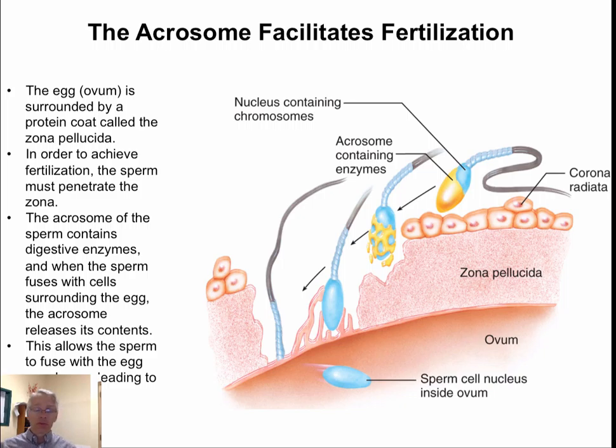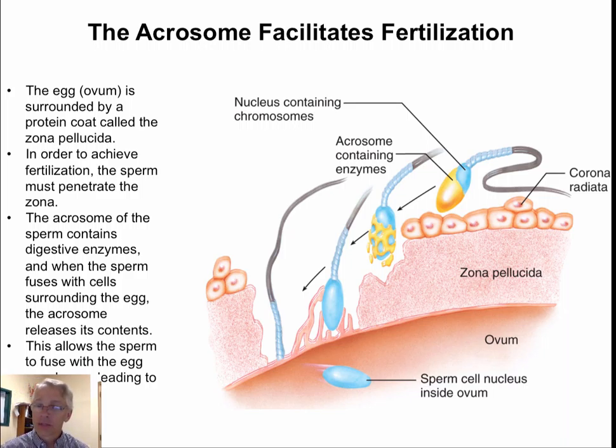Okay, we spoke before when we saw a picture of a sperm cell close up that there is a covering on the head of the sperm called the acrosome. And I said we'll see that later. And here we are again with the moment when a sperm cell meets an egg.